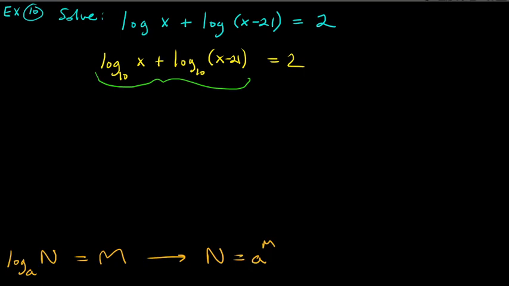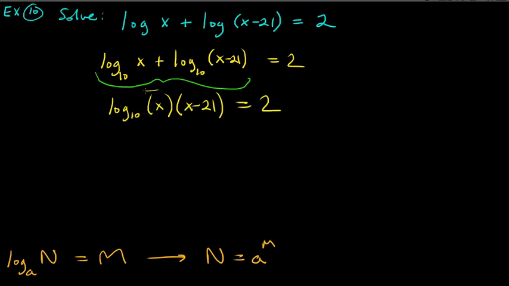Okay, so I put this down here because I want to play around with this now. So this is the log of m plus the log of n, which is the log of m times n. So that's the product rule, just going the other way.